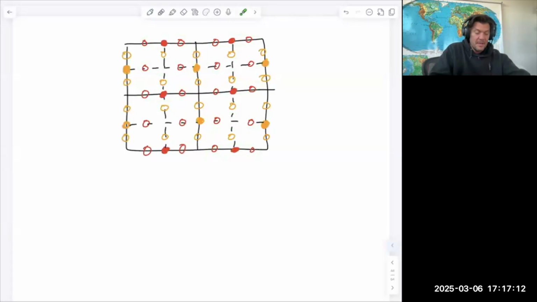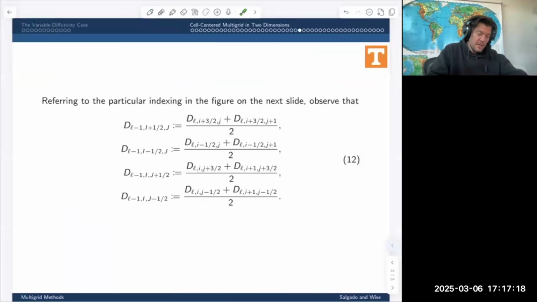Does that make sense? Now, the procedure should make sense, and that's exactly what I have listed right here. I'm using the fine grid values averaged at certain points, and this average here is done in J, so it's going to be an east-west average.